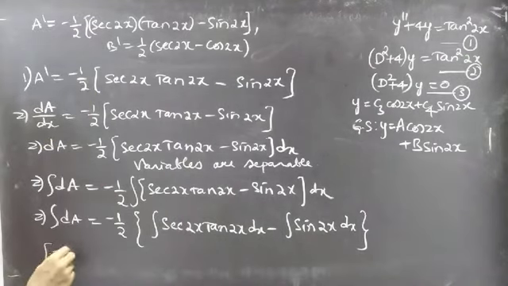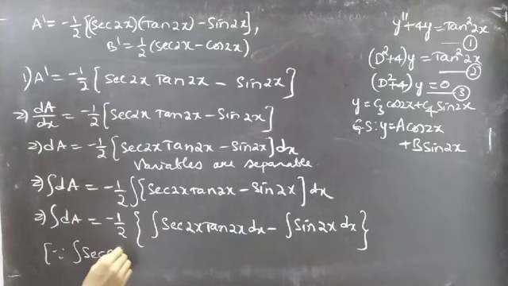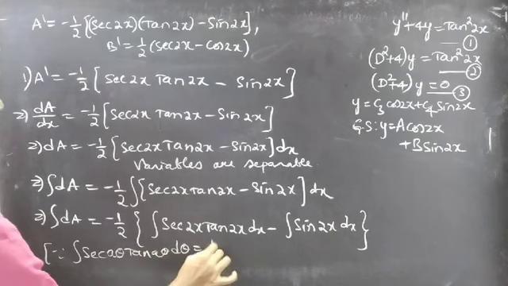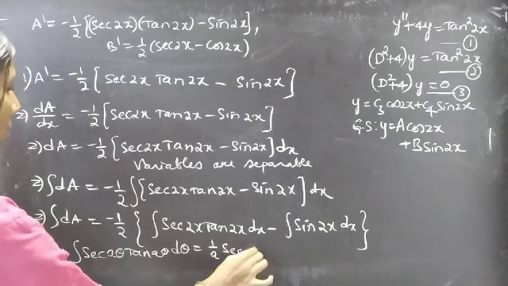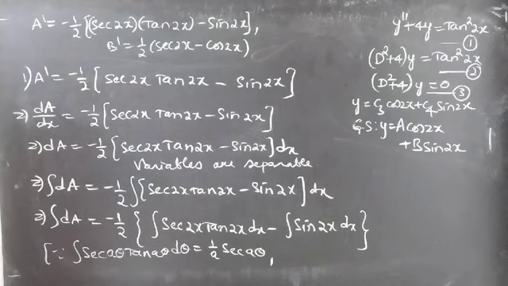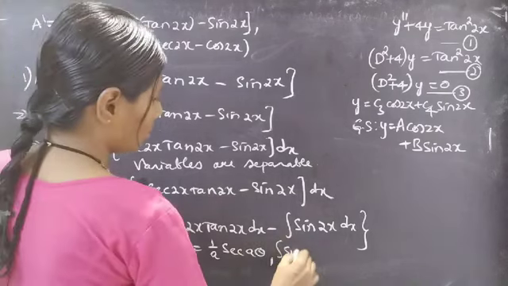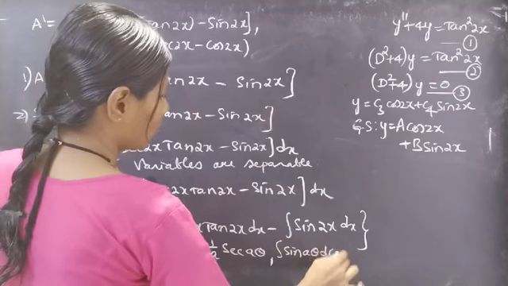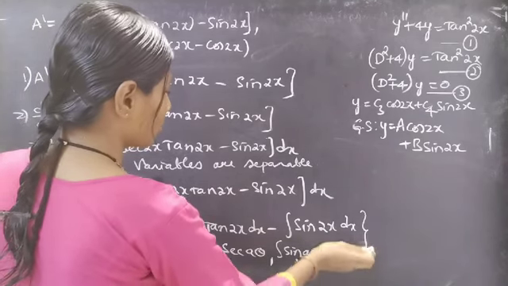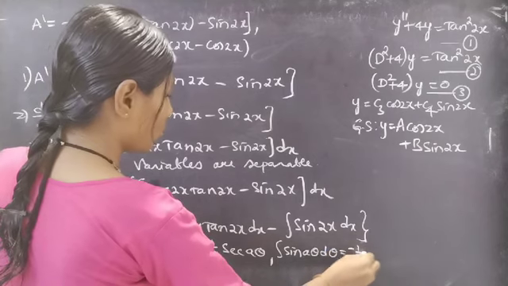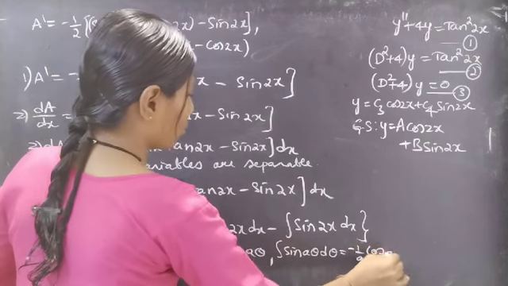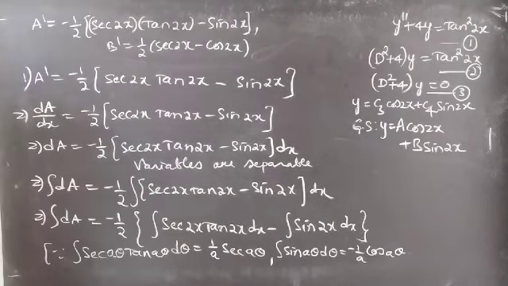Since we know that integral secant a theta tan a theta d theta equals 1 by a secant a theta, and integral sin a theta d theta equals minus 1 by a cos a theta. So by applying this formula we'll get A here.